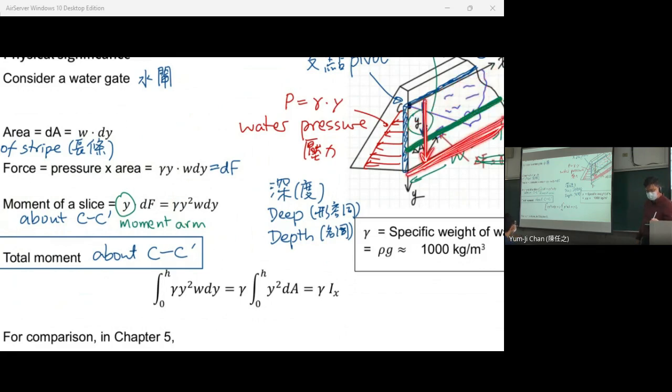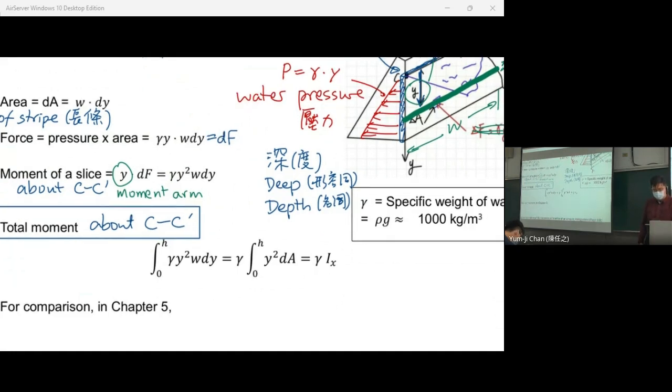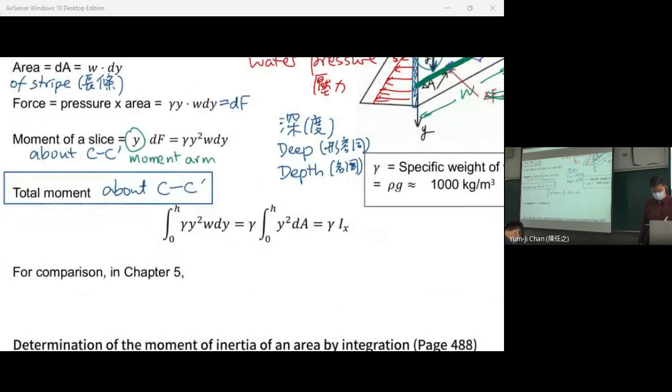Then we add all of them together. In mathematics, that means we have integration. So we have the total moment about C and C prime.